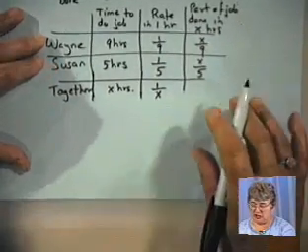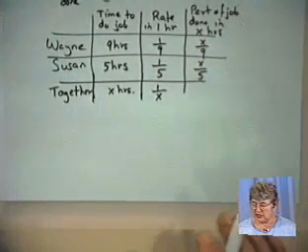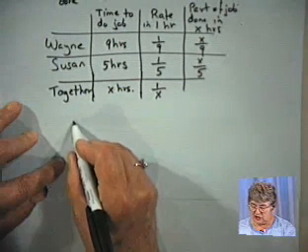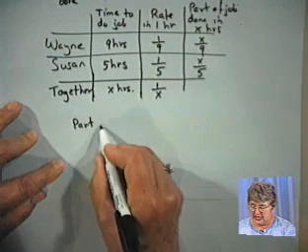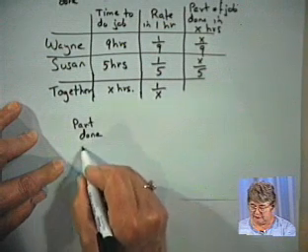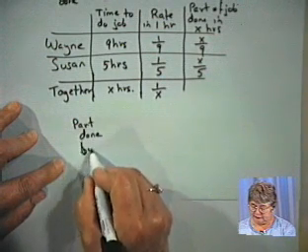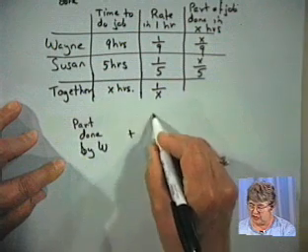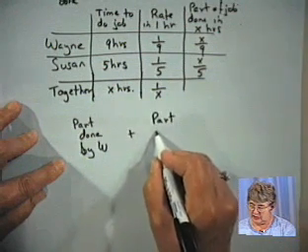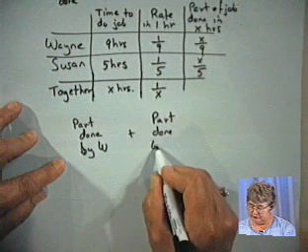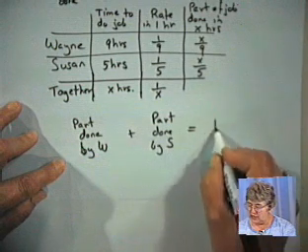Now let's go to an equation, and we can do the equation in the following way. A part of the job done by Wayne plus the part of the job done by Susan equals 1 complete job.